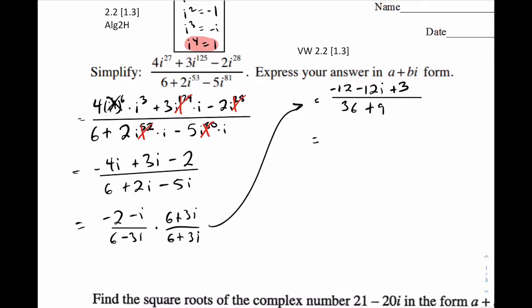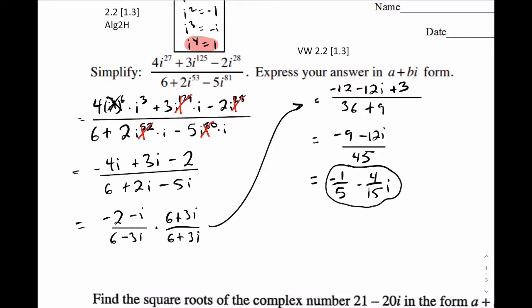And that's going to become -9 minus 12i, all divided by 45. Now again, a lot of people want to stop here, but notice how it says a plus bi form. That means we have to separate it. So we separate and reduce. -1/5 minus 4 over 15 i. So that's our first example.